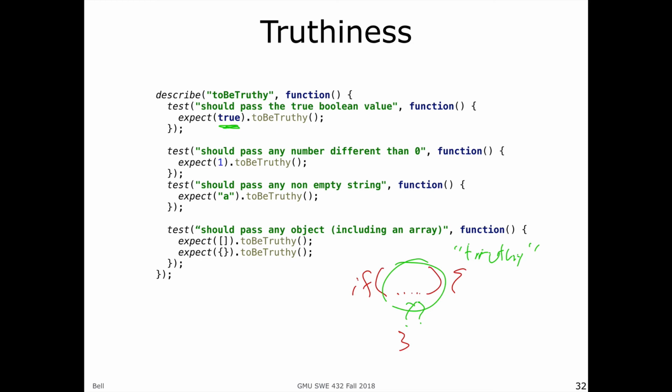So literally the keyword true, yes, that is truthy. Any number that's not 0 is also truthy. Any string that is not empty is also truthy. And also any array or object is also truthy. Things that are not truthy are false, 0, an empty string, undefined.